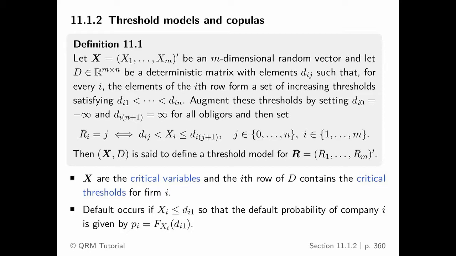So the X's are the critical variables, and you can think of this asset value Merton interpretation. Default occurs if Xi is below, let's say in this notation here, Di1, so we can immediately write down what is the default probability. The default probability is the probability, F is the distribution of Xi, of being below the lowest of these thresholds.